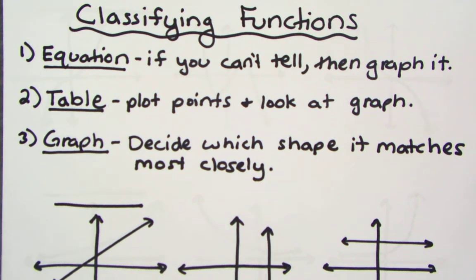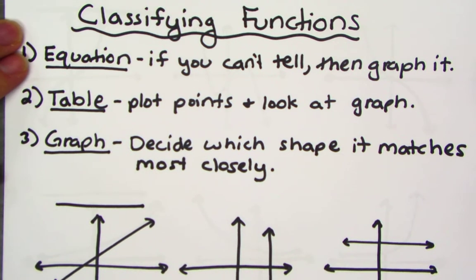Alright, so we're going to talk about classifying functions as either linear, quadratic, cubic, exponential, absolute value, or square root functions. There are these different types of functions, and it's important that we can look at the function and decide which type it is.